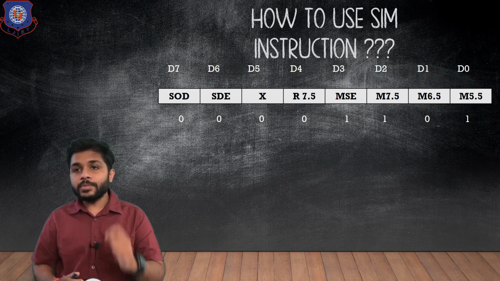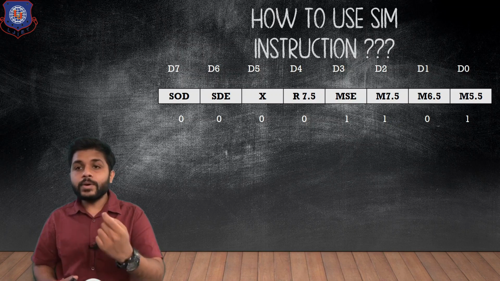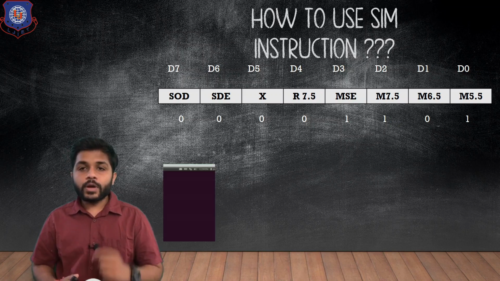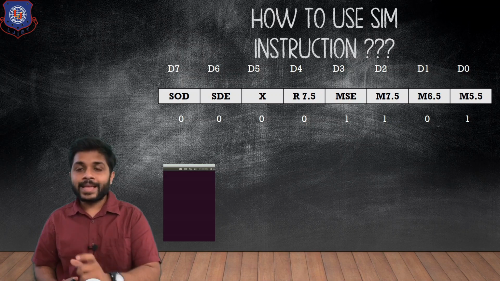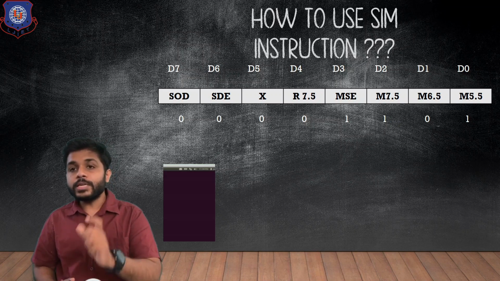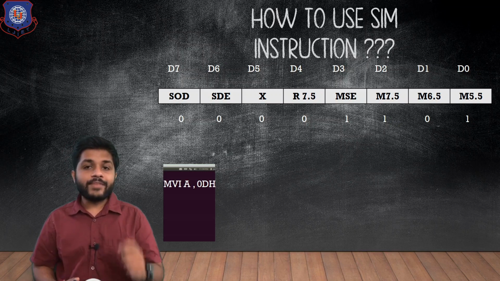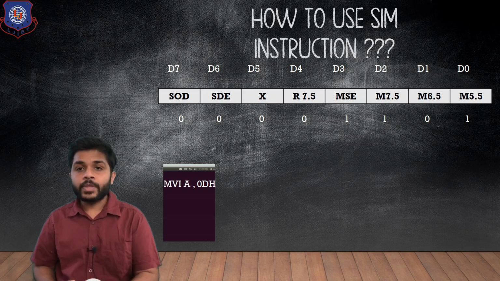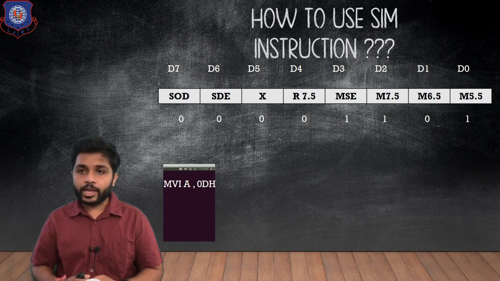To use the SIM instruction, first I have to convert this pattern into hexadecimal. If you convert this pattern into hexadecimal, you will get 0DH, and I have to move the 0DH data to the accumulator, so I will use the instruction MVI A, 0DH.